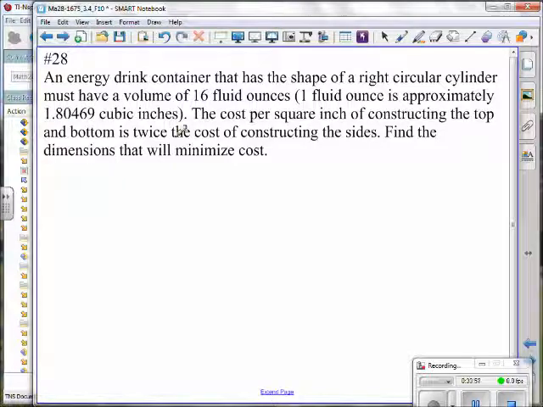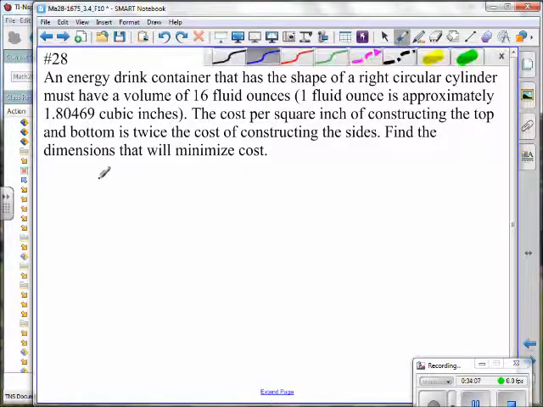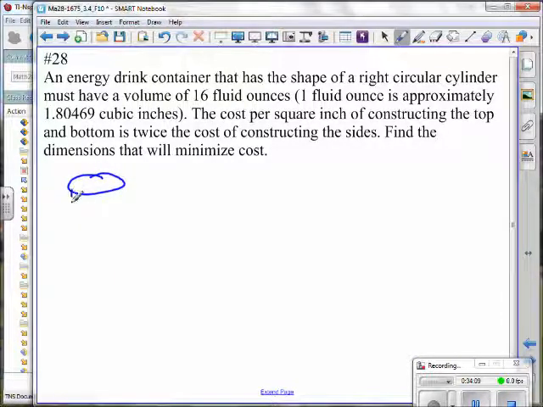You know, this magic pen automatically corrects if I do something, but you've got to draw it right to begin with, so we won't do that. Okay, so a right circular cylinder, I can draw it better this way.